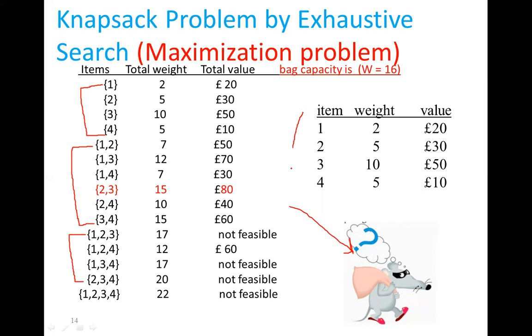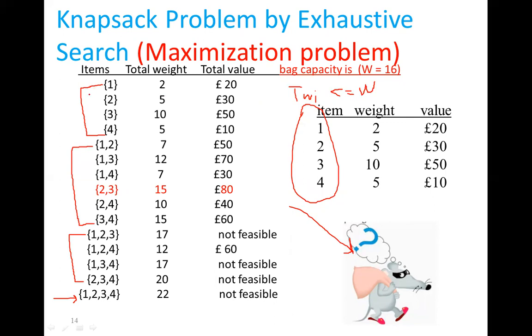We have 4 items, or we can put all of them in his bag. But don't forget that the total weight of the items should not exceed the capacity of the thief's bag, which means the total weight of the items should be less than or equal to the capacity of the bag.